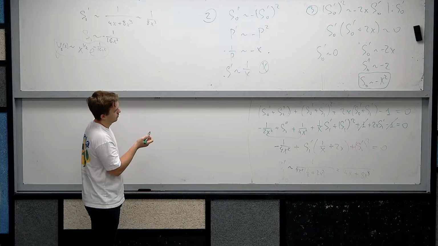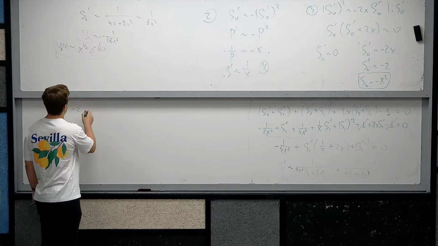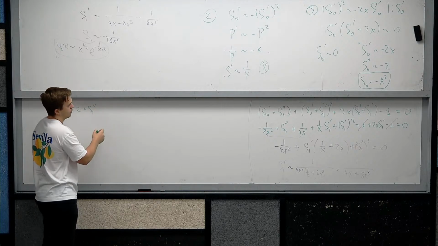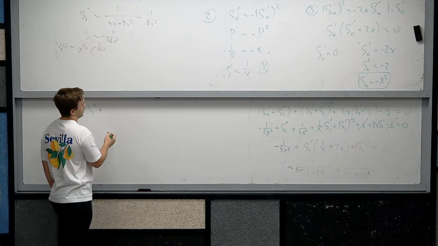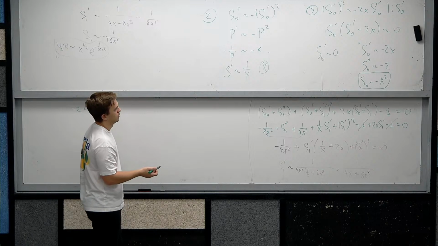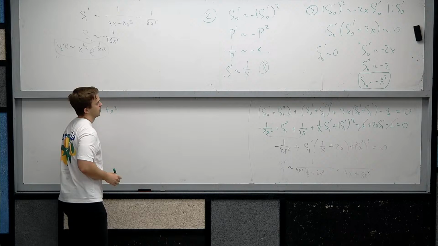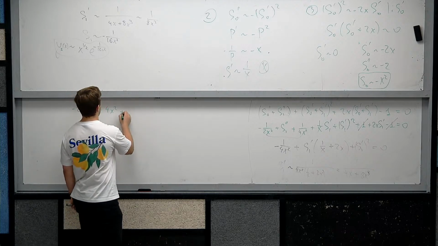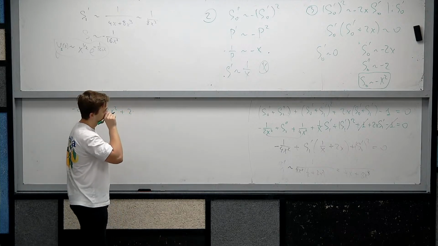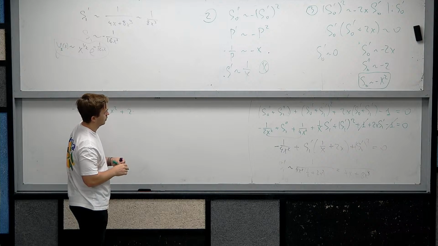-2. -2 plus S1 double prime, cross term, -4 times 2, minus 4x. Like instead of the 2, minus 4x. It's minus 2x, but with the 2 there.